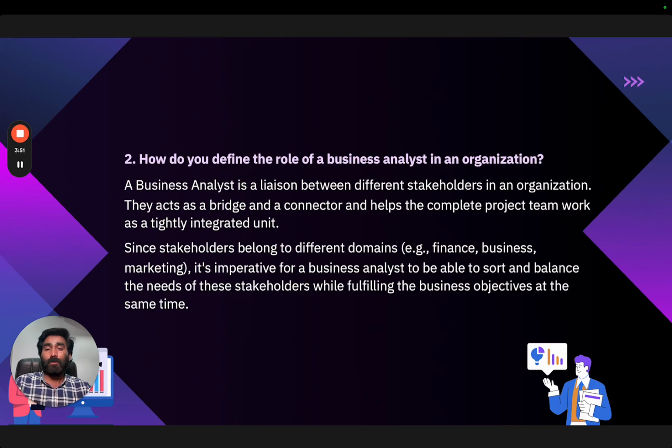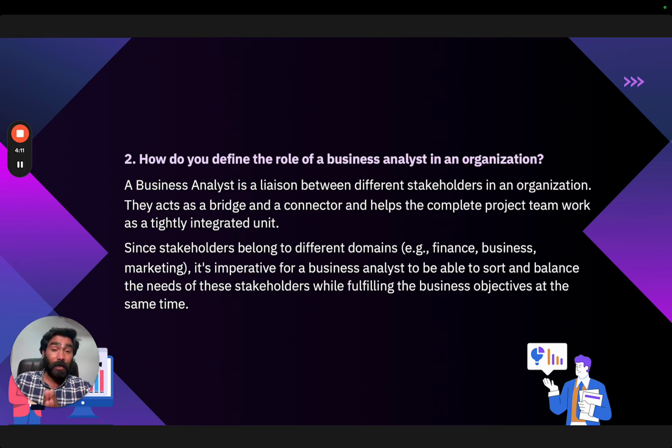All right. The next question is, how do you define the role of a business analyst in an organization? This is a very interesting one, guys. You can tell them, look, a business analyst is a liaison between different stakeholders in an organization.